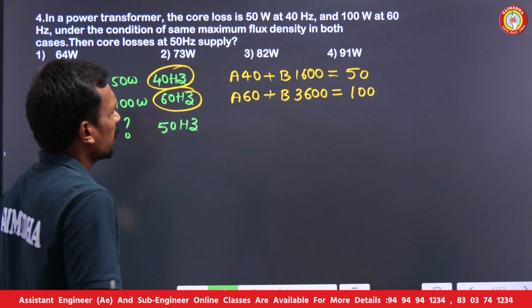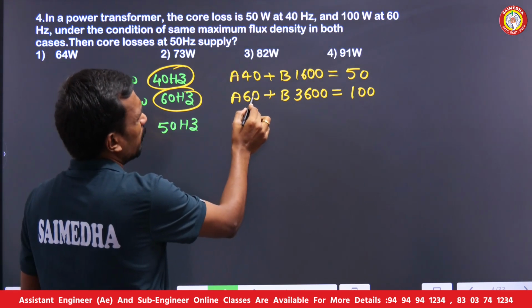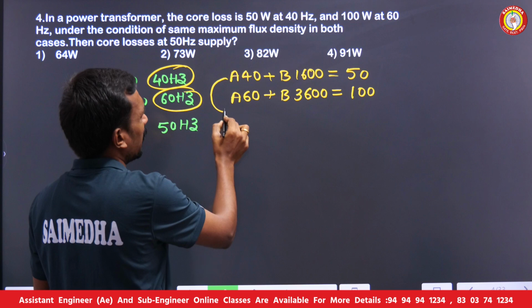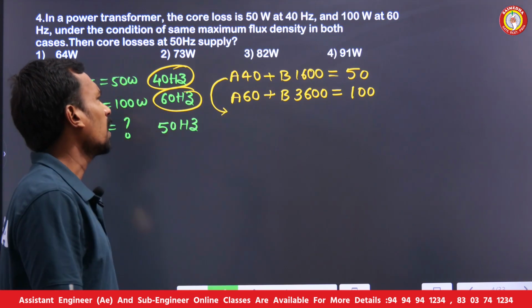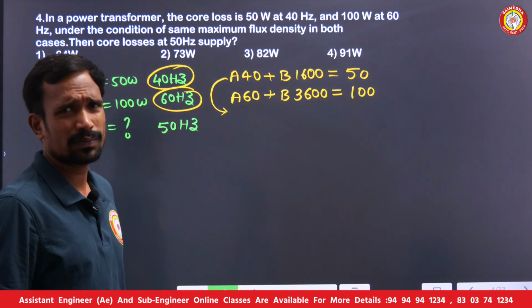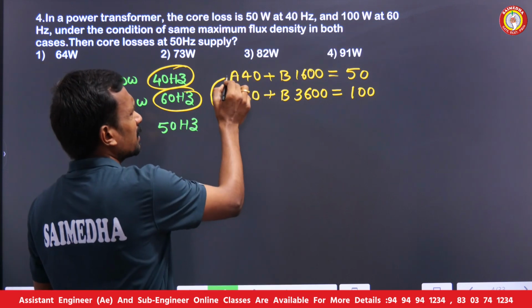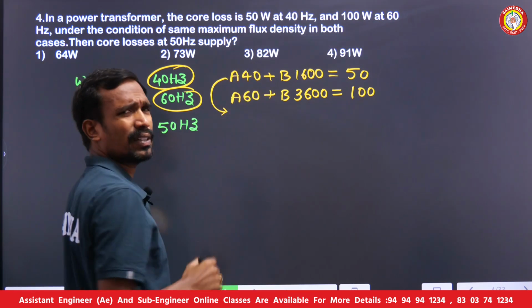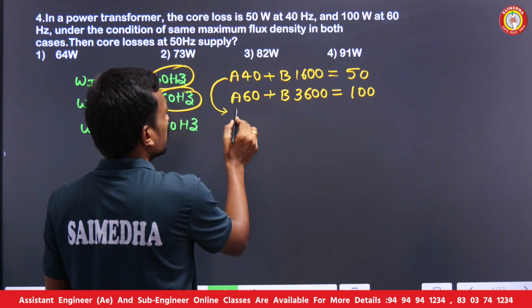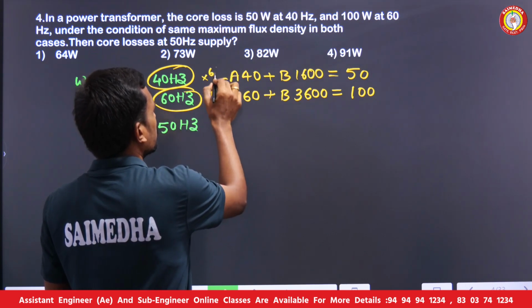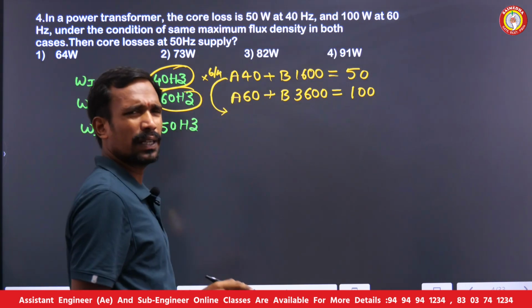Let's see. The first equation will be multiplied by 6 by 4, or 3 by 2, of course.